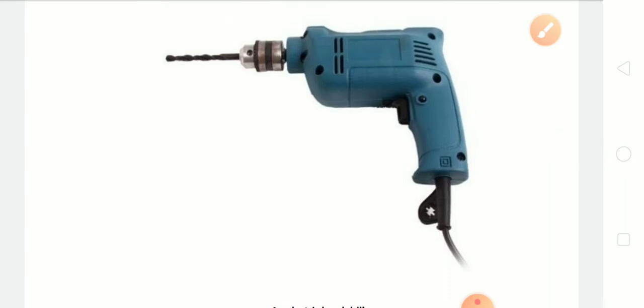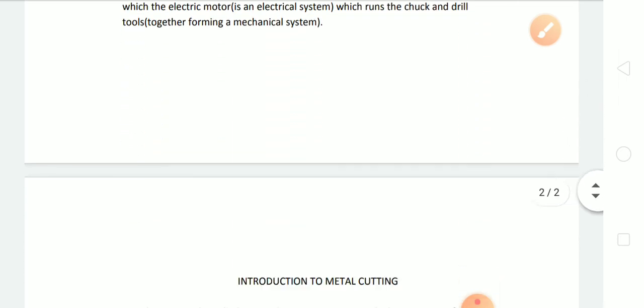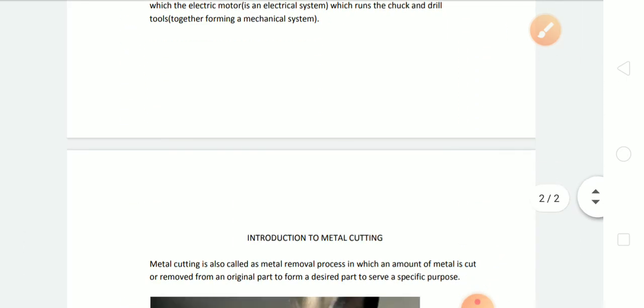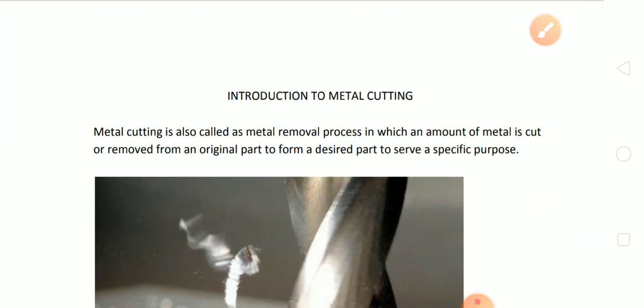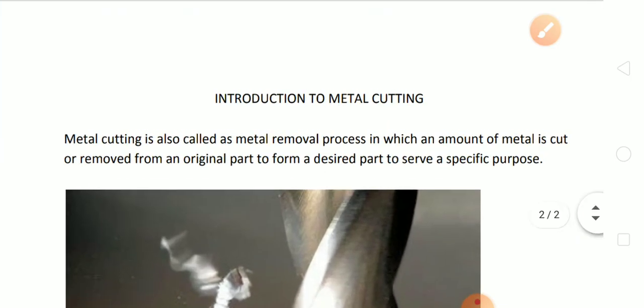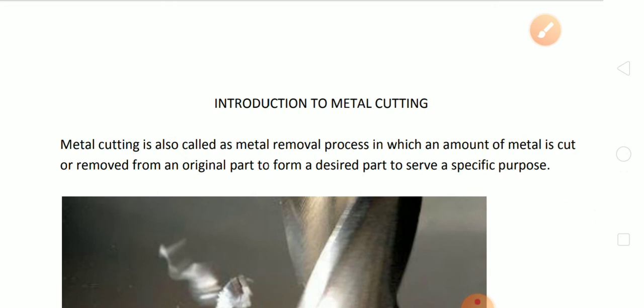So what's next? See, first thing that you have to know is the metal cutting process. During the fourth semester you have learned about the foundry. You have learned about foundry and sand casting, etc. There we just make a mold and add the molten metal into it.